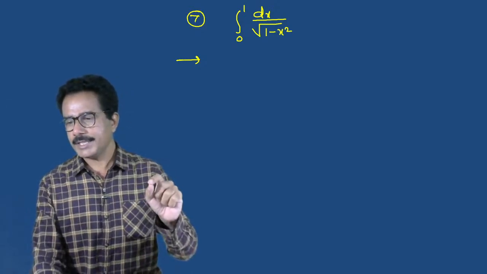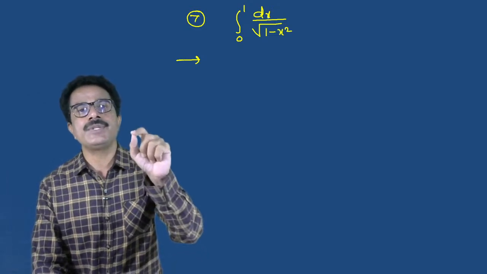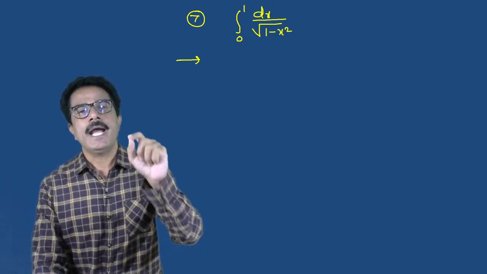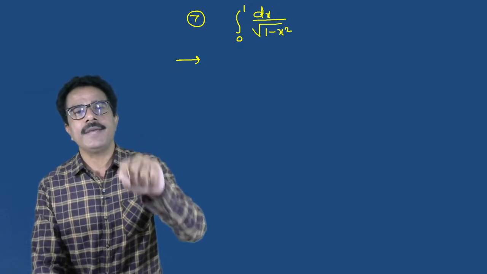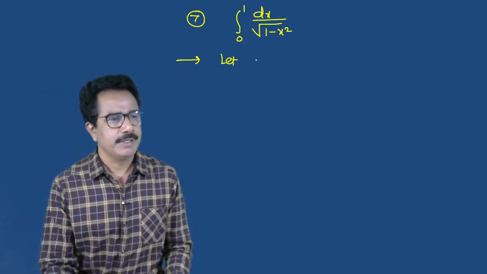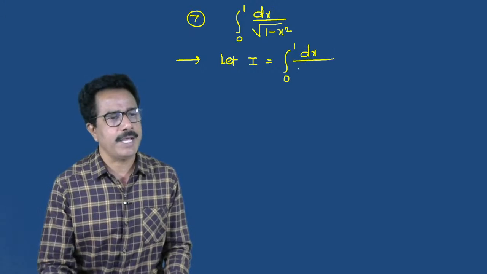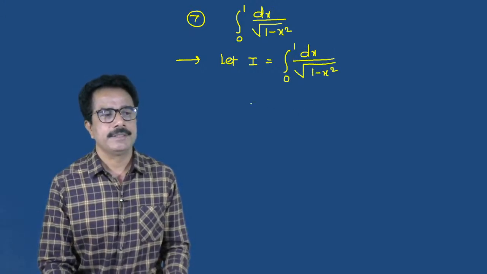Now you tell me, at which value of x will the function be discontinuous? Let I equals integral from 0 to 1 dx divided by root of 1 minus x square.